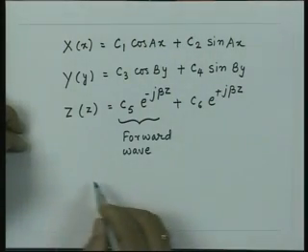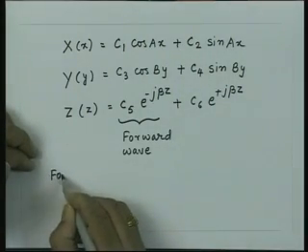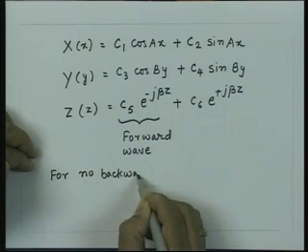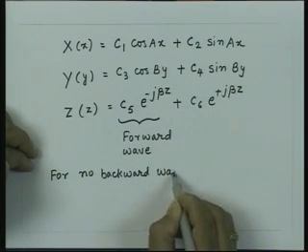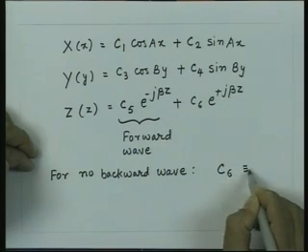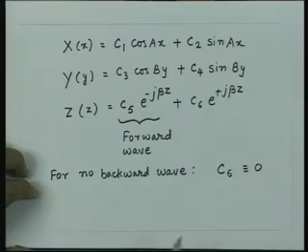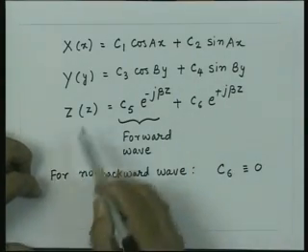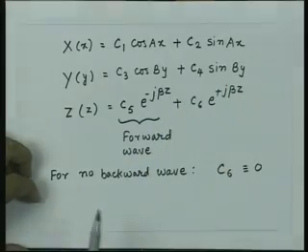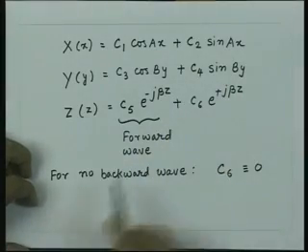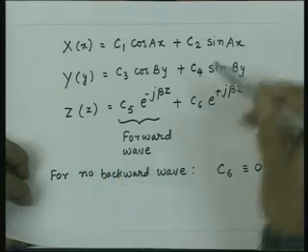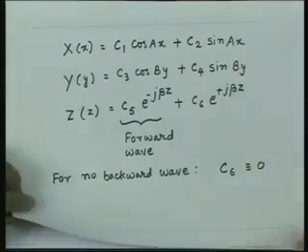So, we can assume that for no backward wave, we can take the C6 as identically 0. So, the Z solution is only C5 e to the power minus j beta z, and with that understanding, then I can write down the complete solution for the Ez, which is the product of this and this quantity.